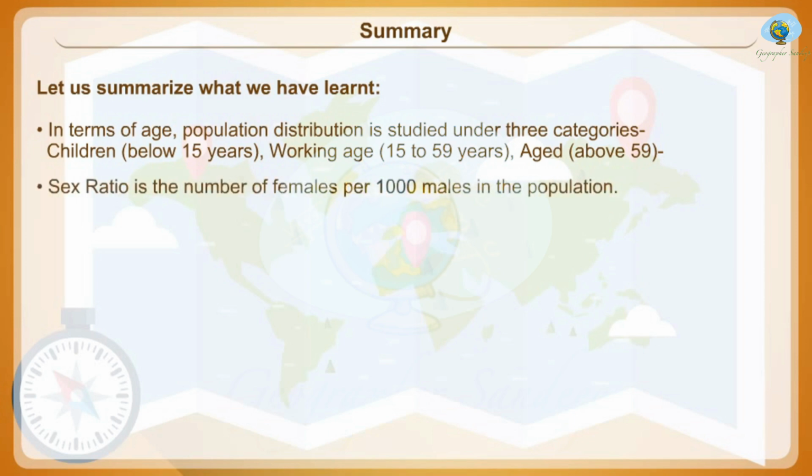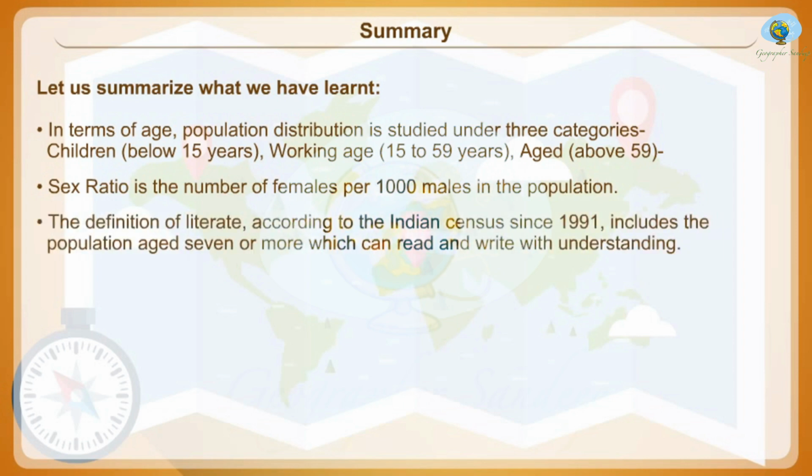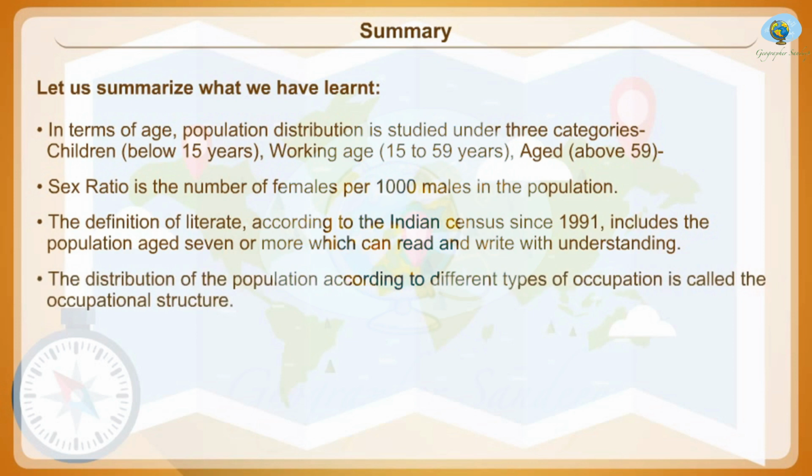Sex ratio is the number of females per 1,000 males in the population. The definition of literate according to the Indian census since 1991 includes the population aged 7 or more, which can read and write with understanding. The distribution of the population according to different types of occupation is called the occupational structure.